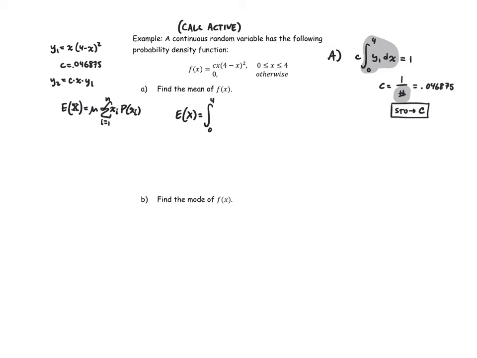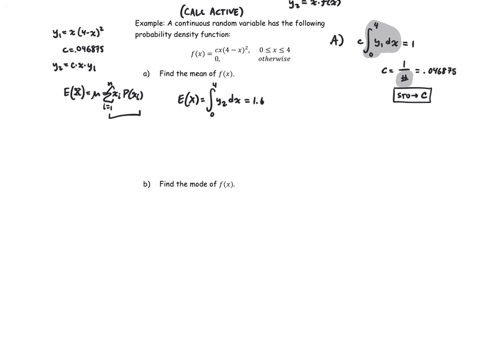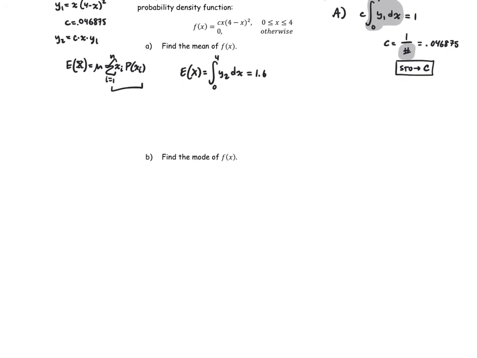So essentially y2 is x times f of x, which mimics the expected value. I'm going to take the integral from 0 to 4 of y2, and that comes out to be 1.6. Using our calculator, it comes out perfectly to be 1.6. That's great.